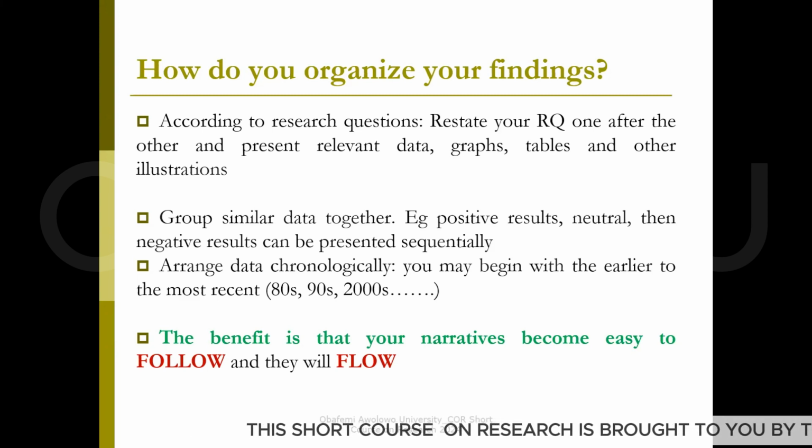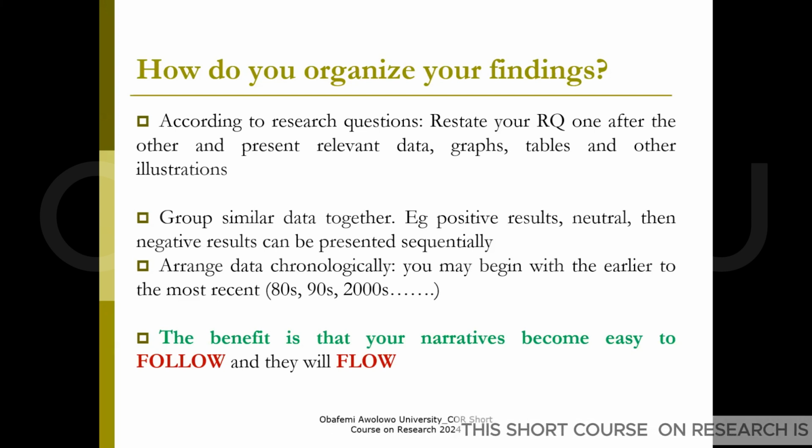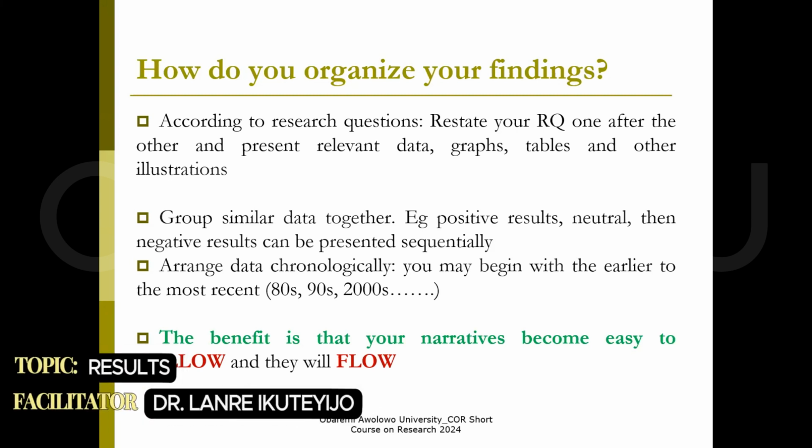Another way is to group similar data together. For example, you have positive results. By positive results, we are talking about results that are in line with established scientific knowledge or the literature. Neutral, where maybe the participants are undecided, particularly when you use a Likert scale, and participants don't give a definite answer. Then, of course, I think I explained negative results earlier.